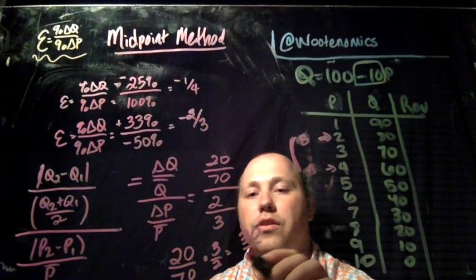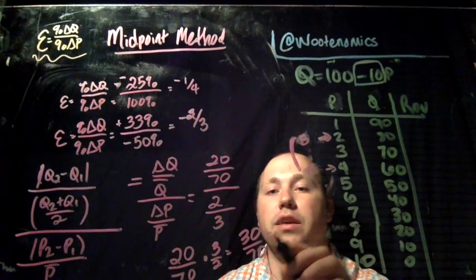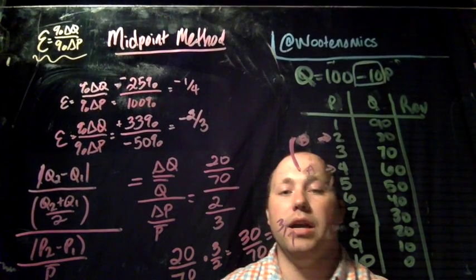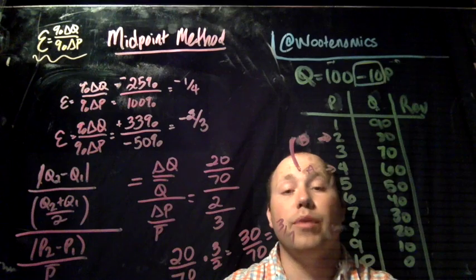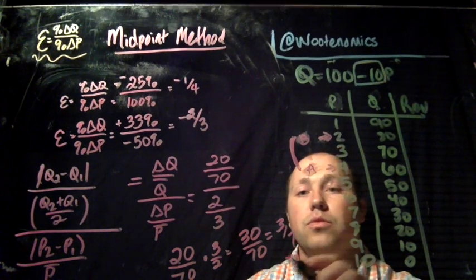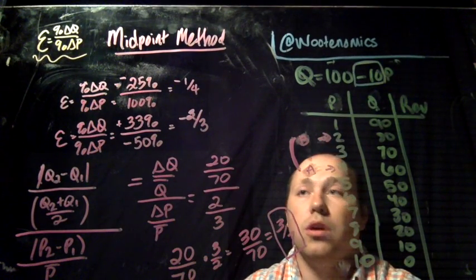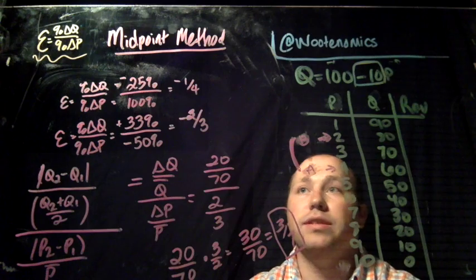So what we get is 30 over 70. Remember, we're interested in the magnitude, not necessarily the sign, because this is a price elasticity. The sign is always negative. So using the midpoint method, over that range we get an elasticity of 3/7.